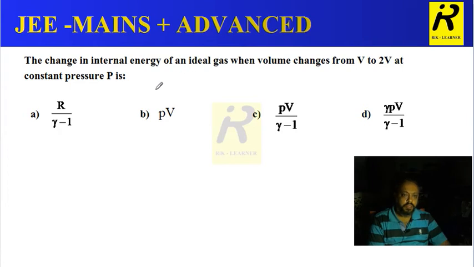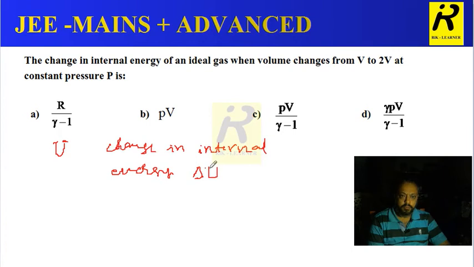Most of the time we use the symbol U for internal energy. Otherwise, for change in internal energy, we use the symbol delta U.